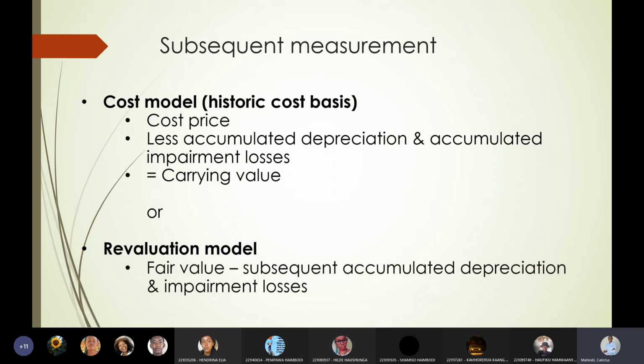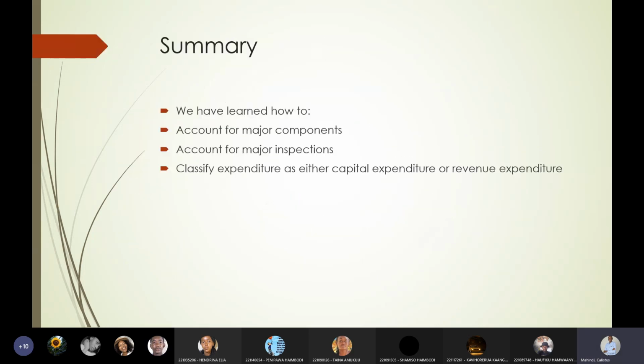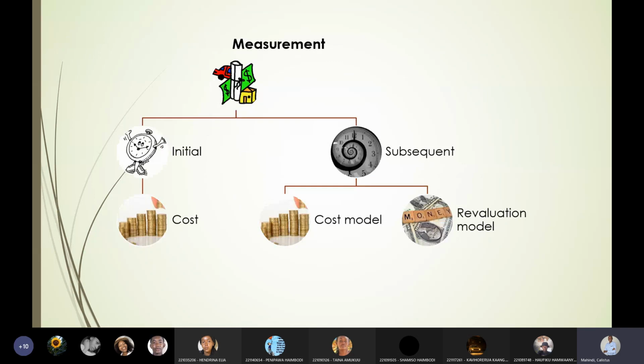There's also a revaluation model in IAS 16, but we do not deal with it. Instead of cost, the revaluation model uses fair value minus any subsequent accumulated depreciation and impairment losses. For Financial Accounting 201, we only look at the cost model.